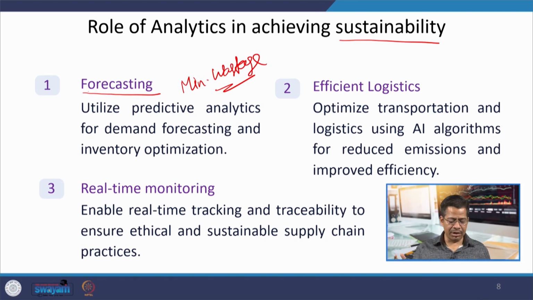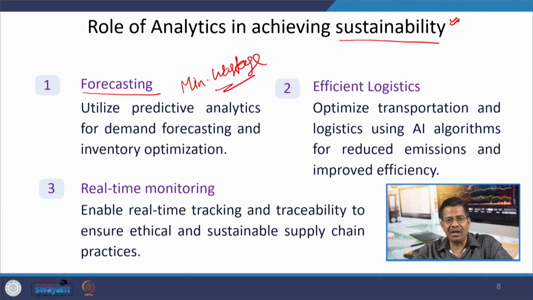Real time monitoring will also help in minimizing the wastages. It will help in minimizing the spoilage of, let us say, fruits, vegetables, medicine kind of products. So, real time monitoring will also help us in reducing the wastages, and by reducing the wastage we will be contributing to sustainability. So, these are just a few sample examples of how analytics will help in sustainability.